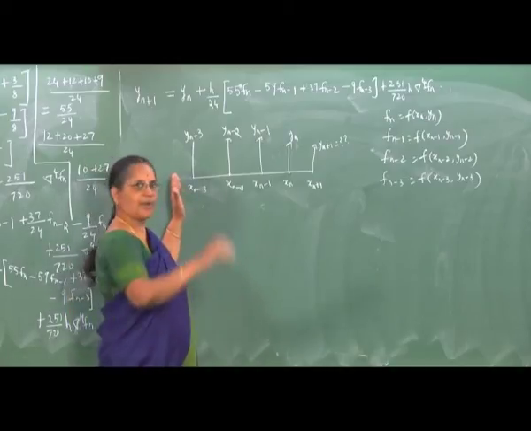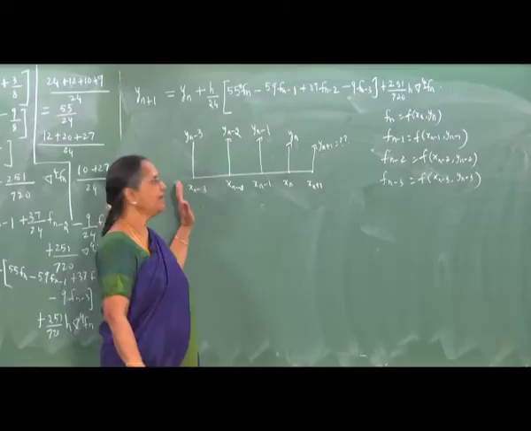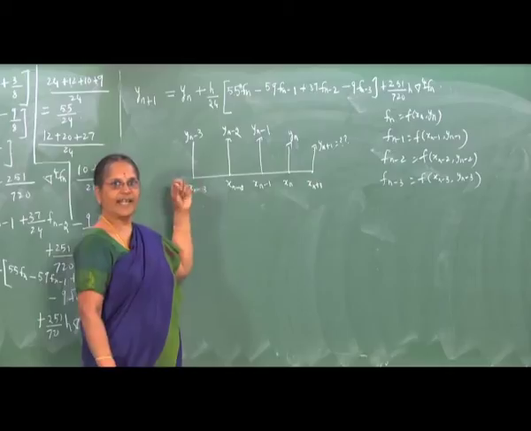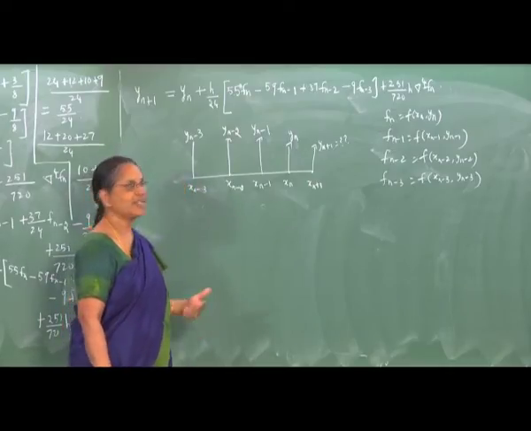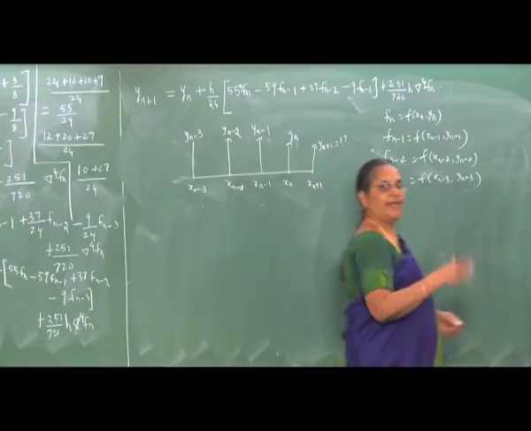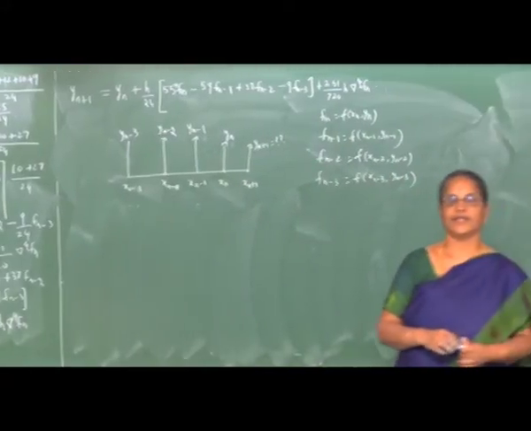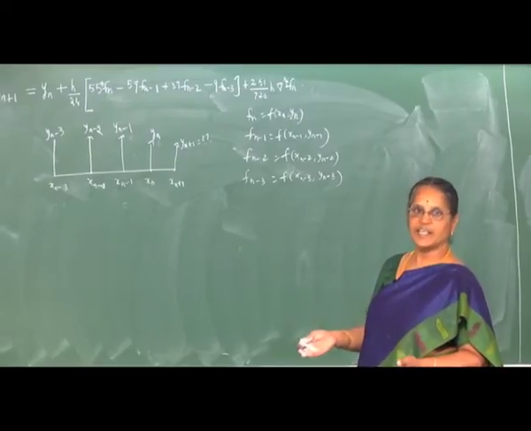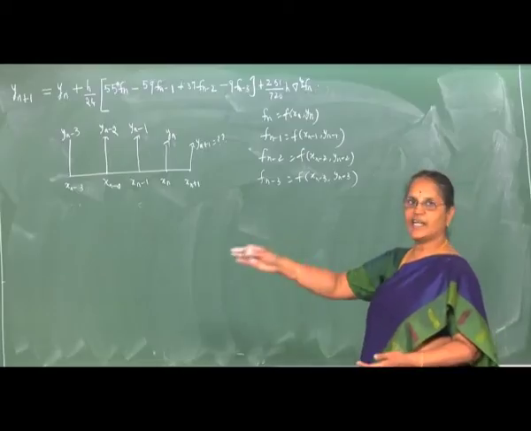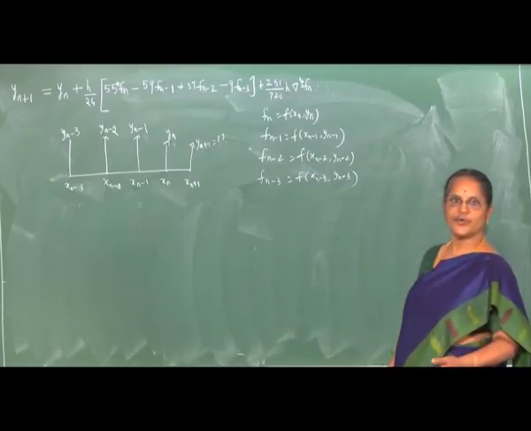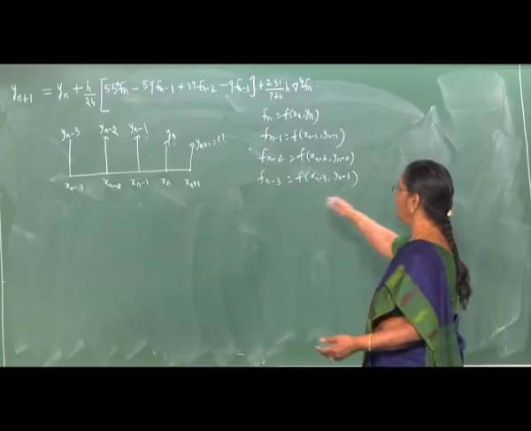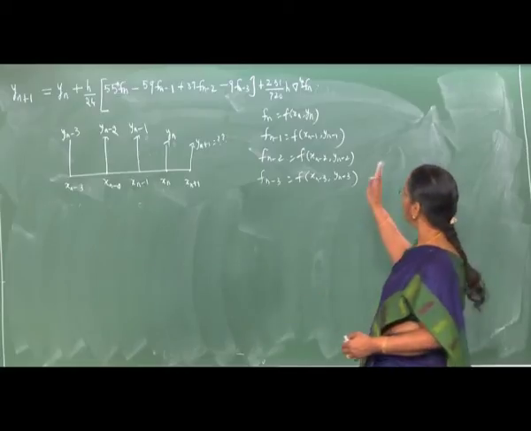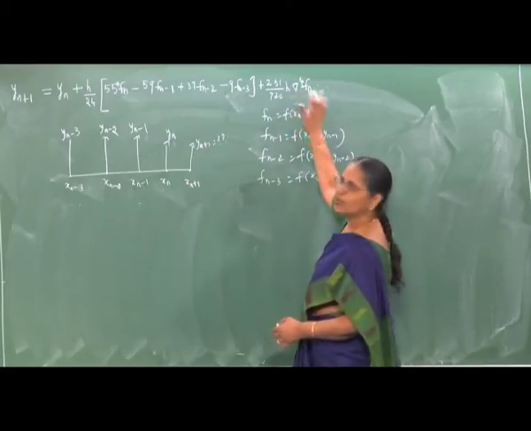You have approximated that function f of x comma y by a polynomial passing through these 5 points xi, yi, such that this will be a 4th degree polynomial, and hence the 4th order backward difference is constant, and the 5th and the higher order backward differences are all 0, and that is why you truncated your Newton backward interpolation polynomial at the term which contained del power 4 Fn.